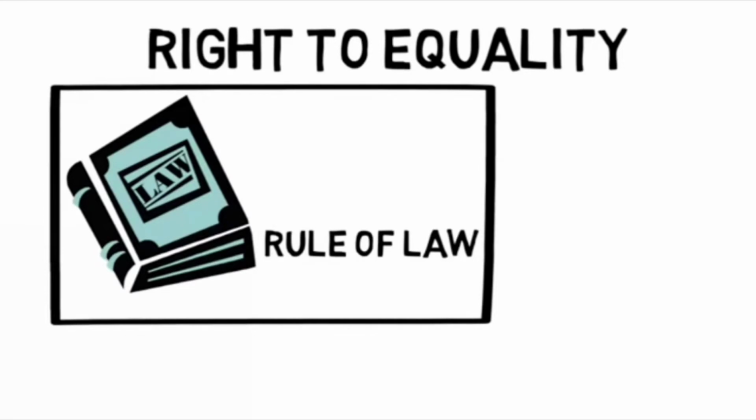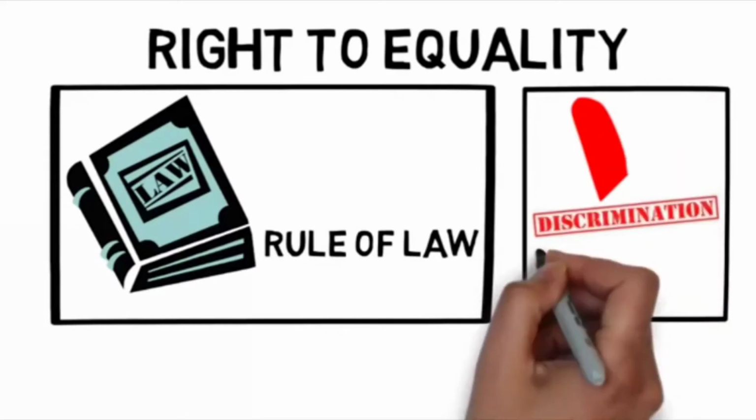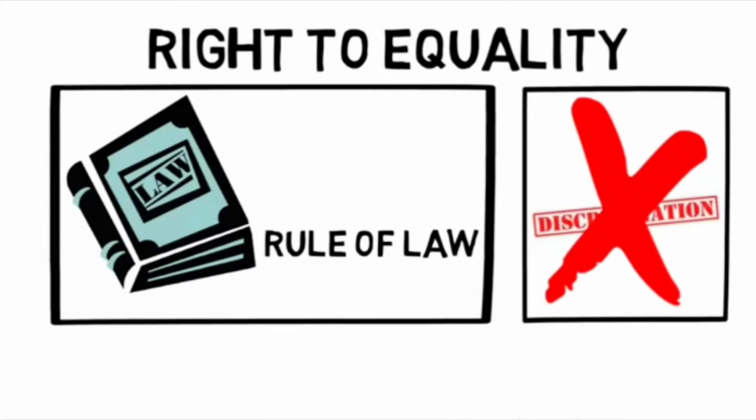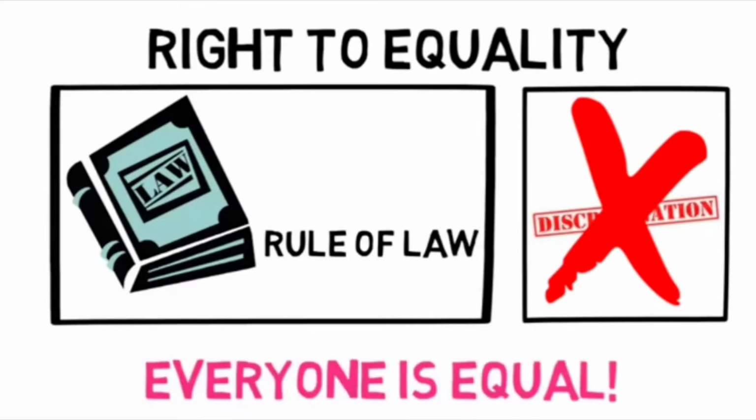It means rules and regulations are same for every Indian citizen. There is no discrimination on the basis of caste, religion, gender, etc. Right to equality establishes the basic law in India, that is, everyone is equal.